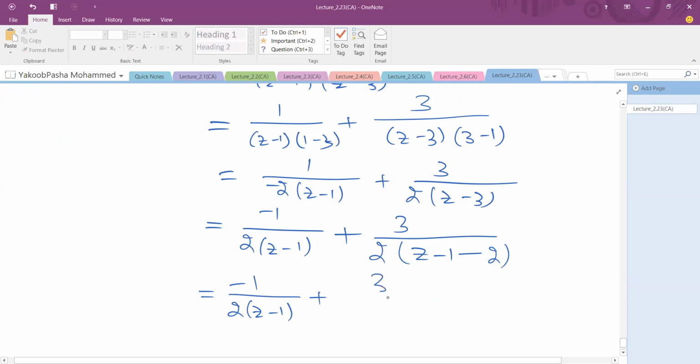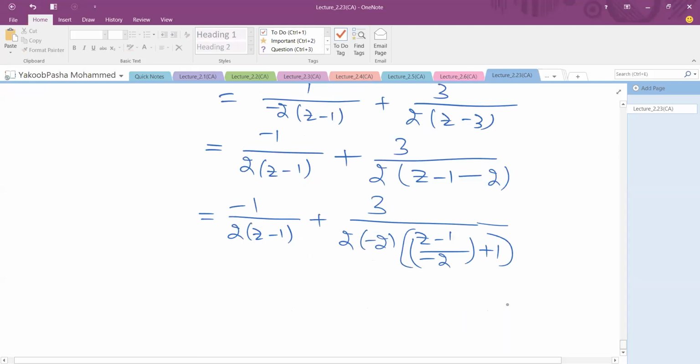Here we can take minus 2 common. When we take minus 2 common, z minus 1 by minus 2 plus 1. So this is equal to minus 1 by 2 into z minus 1 minus 3 by 4. 3 by 4. In this term, the numerator comes with 1 and a minus sign here.